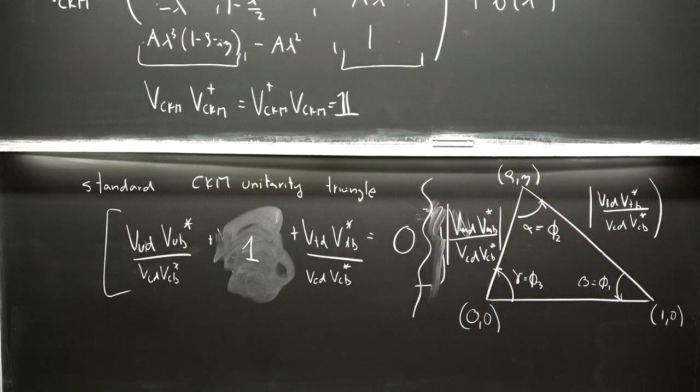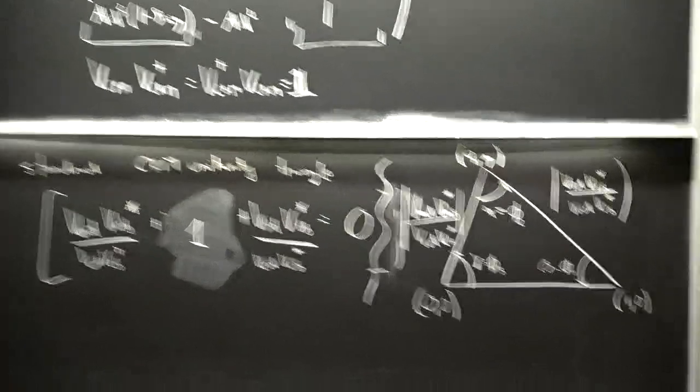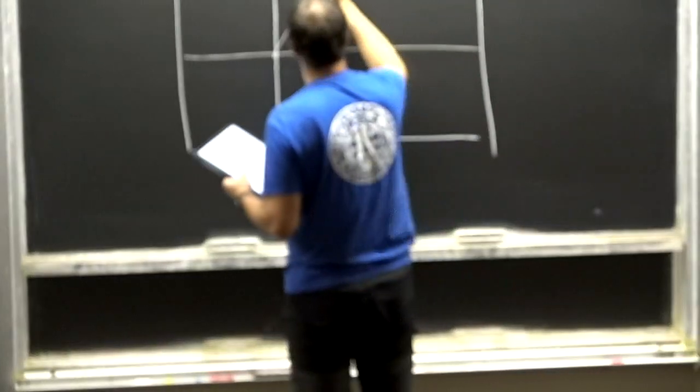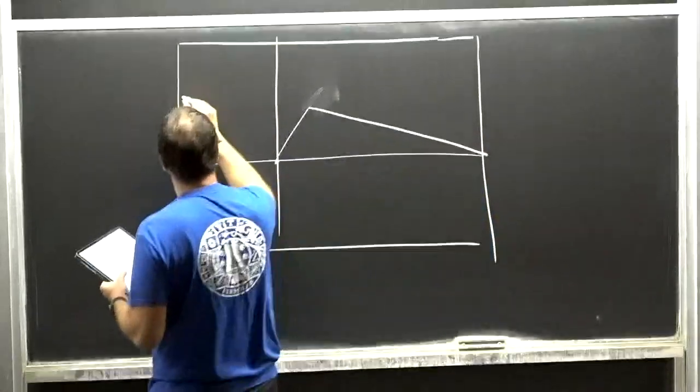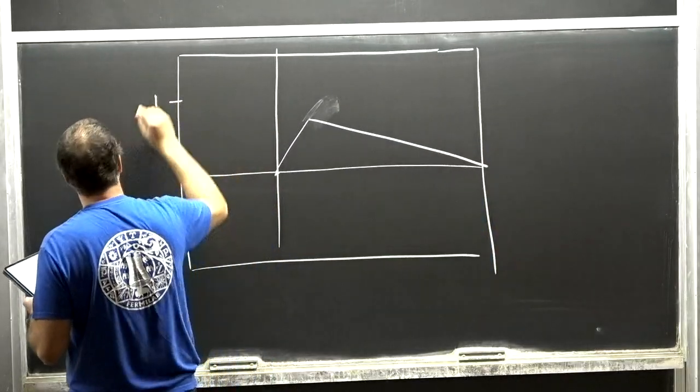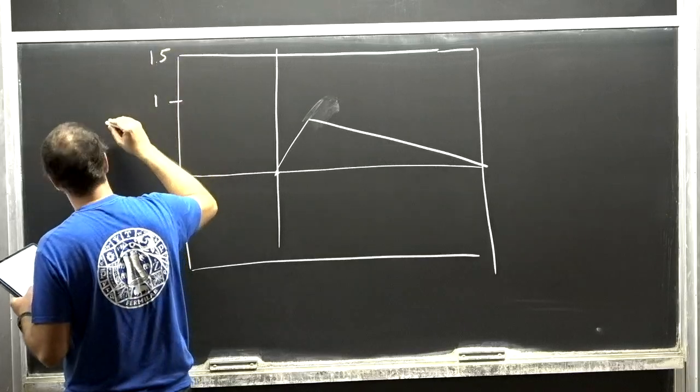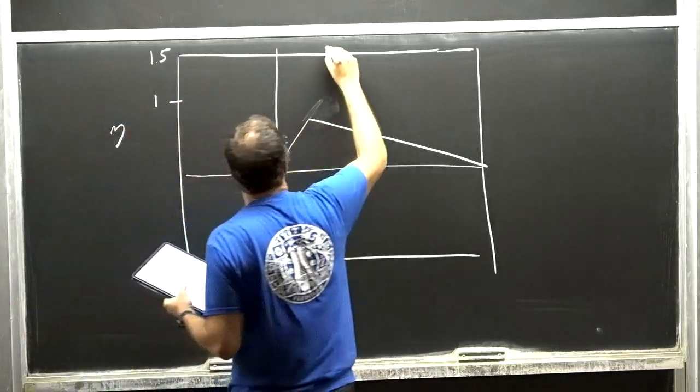So we'll go over the constraints. This is the complex plane. Roughly this is where 1 is. This will be 1.5. This is eta, rho.